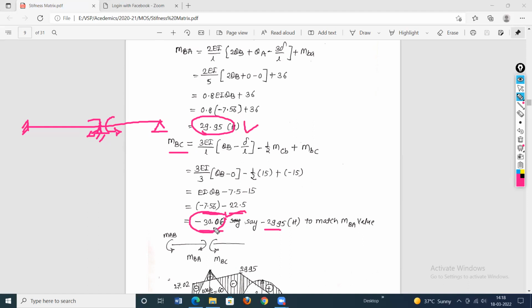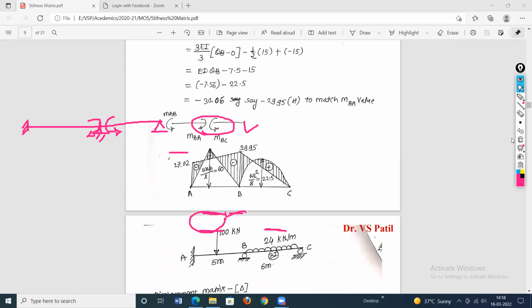So there is a slight variation in the values. Therefore, for more accuracy, we will consider this to be minus 29.95, because the difference is very negligible. So assume this particular value to be minus 29.95, so that the summation will be exactly equal to 0. Then the nature as well as the values of the end moments are determined.